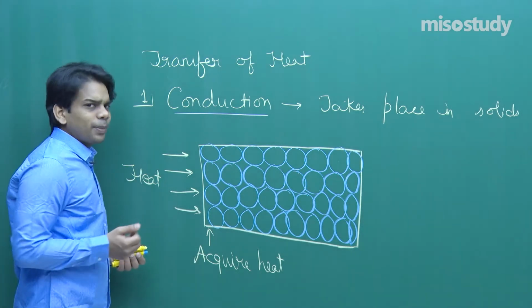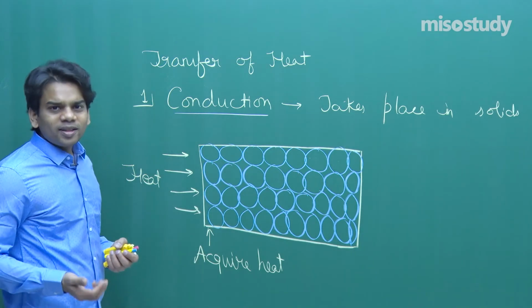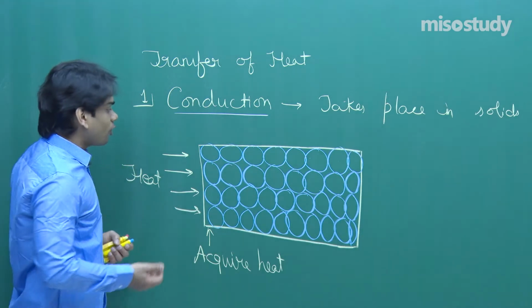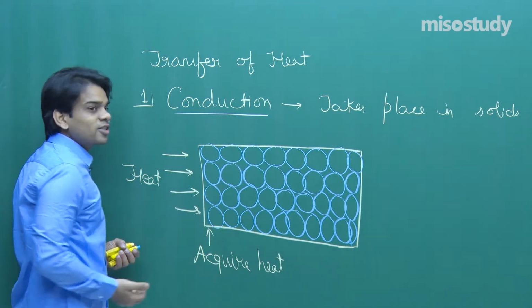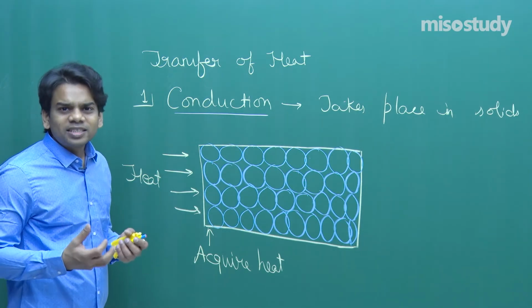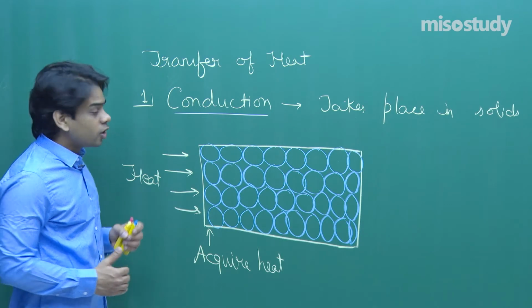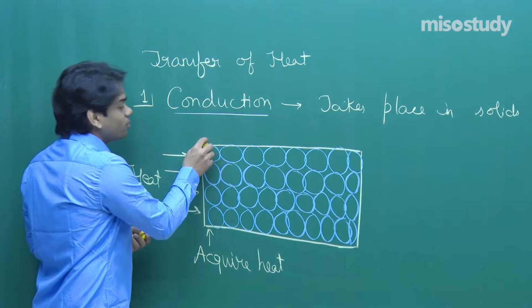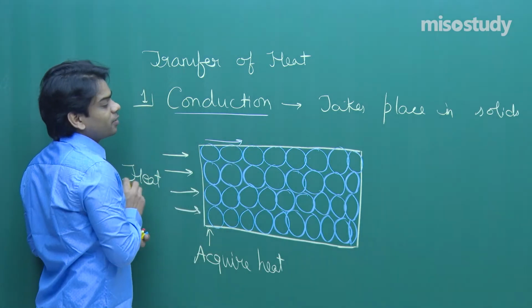So further, what will happen? It's going to acquire the heat energy. It's going to vibrate more randomly. As it vibrates, it's going to transmit its vibrational energy, or let's say the heat energy that it has acquired, to the neighboring molecules. The vibrational energy will be transmitted to the next neighboring molecule.